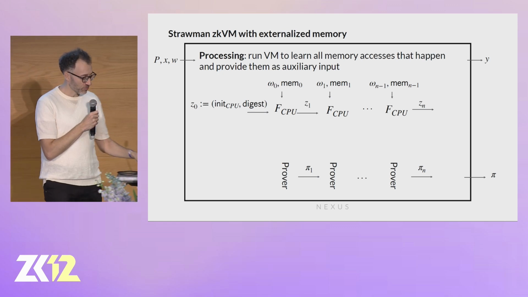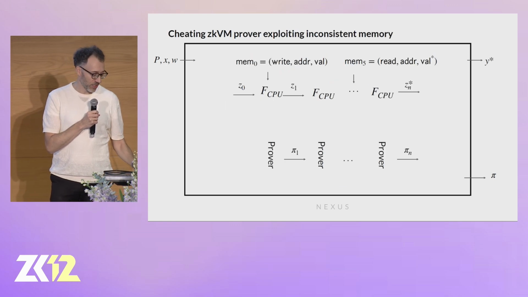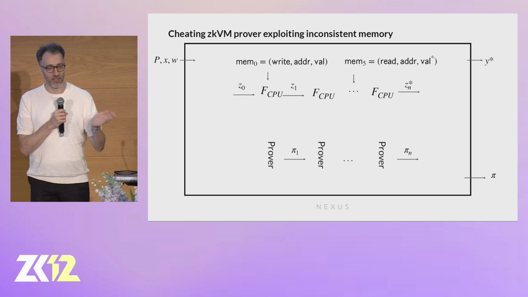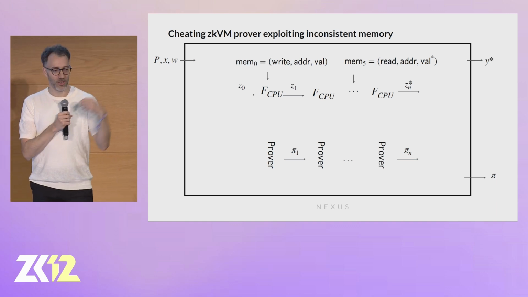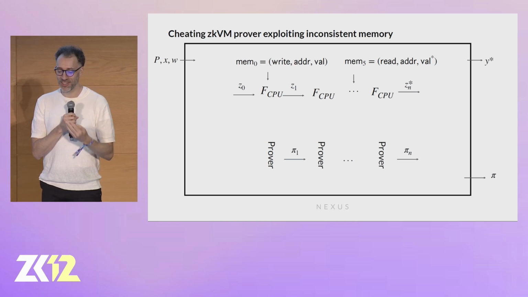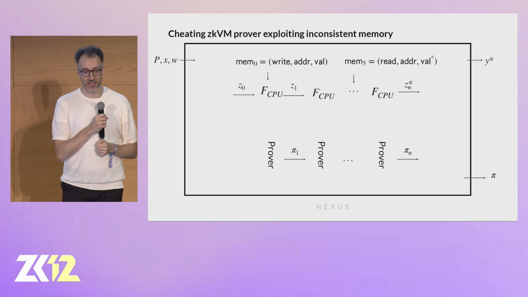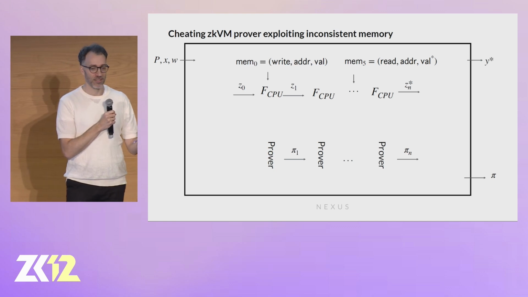Now there's an obvious problem here, right? Which is that if you're a cheating prover and you're running this system, you get to choose what external inputs you feed to each of these things that the provers are proving. So you can feed them an inconsistent memory pattern, right?